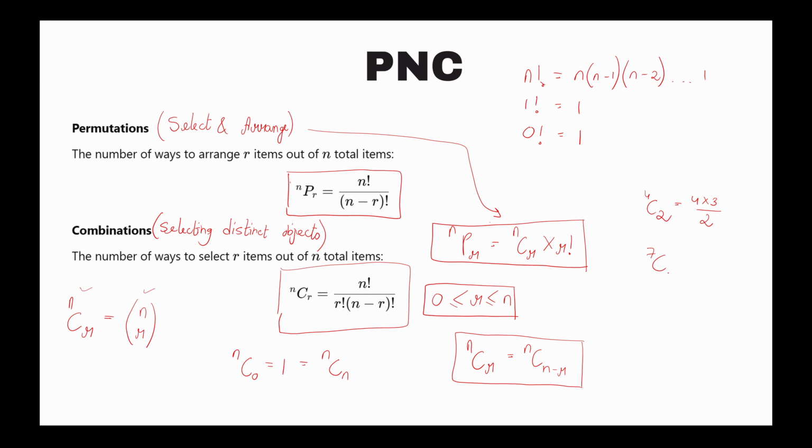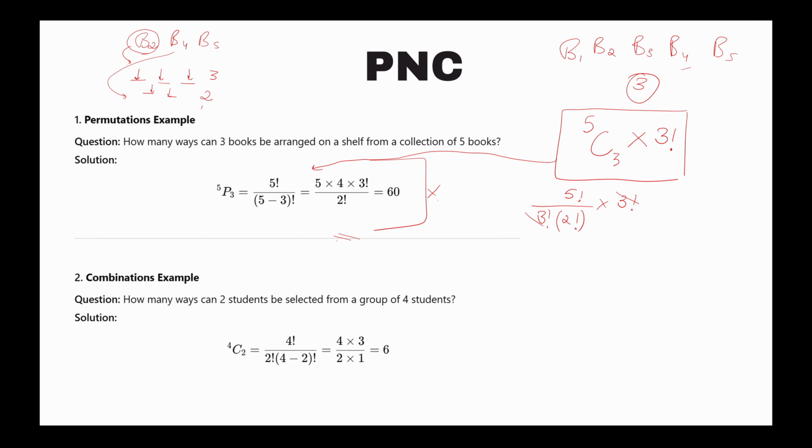Let's say if I have 7C3, how can I write it down? It can be written as 7 into 6 into 5, I've opened it 3 times, and I divide by 3 factorial. So this was again a formula that we studied in the binomial theorem. So keep these things in mind so that you can calculate faster the questions of P&C.